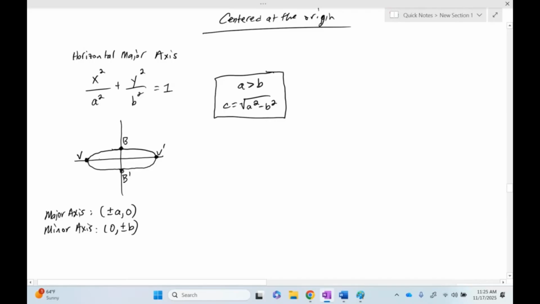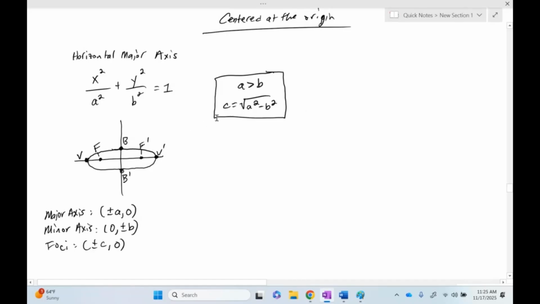And then along our major axis, we have our foci points. I'm going to call this F and this F prime. They have the coordinates plus or minus C, comma, 0.